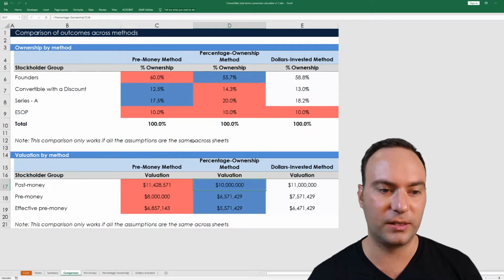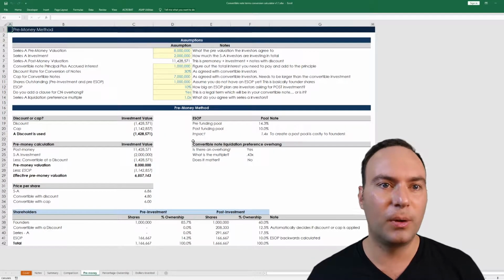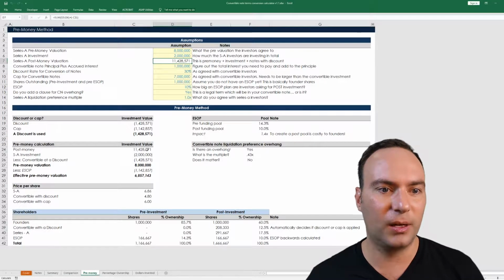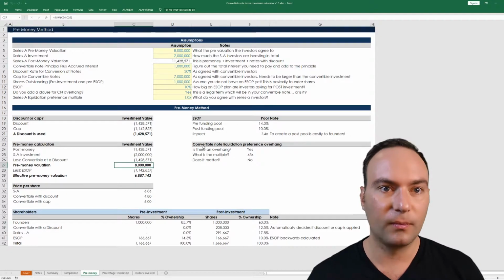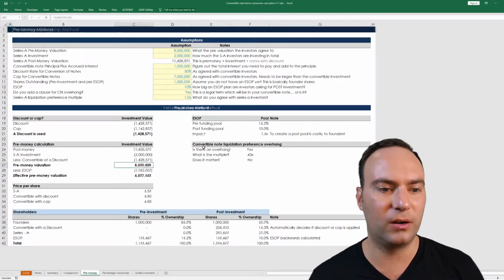Now, we've got three sheets to look at here: 1, 2, 3. I'm going to go through each one of them. But quickly, you might notice if we look here and we look here, that these are some of the biggest numbers fundamentally changing, right? So you want to focus in on those.